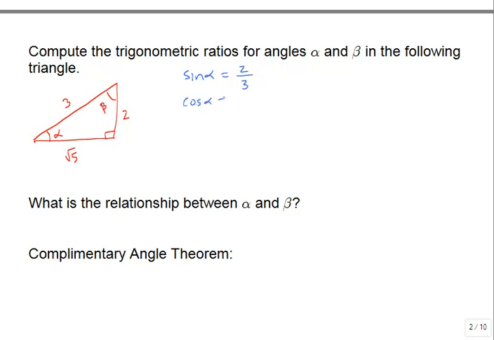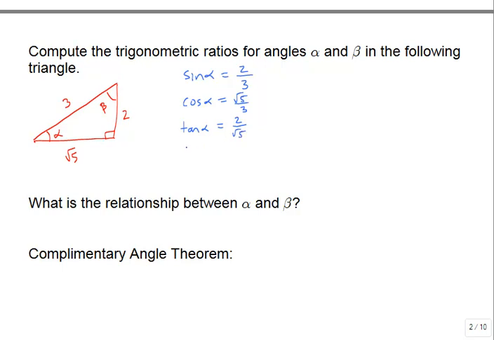Cosine of alpha would be the adjacent side, which is this leg down here, square root of 5, divided by that hypotenuse 3. Tangent of alpha would be the opposite side, which is 2, divided by the adjacent side, root 5.